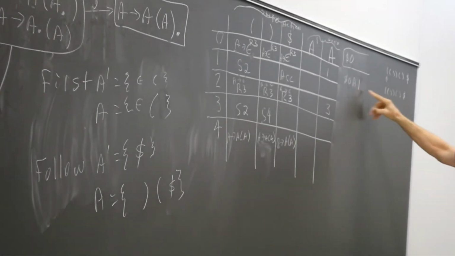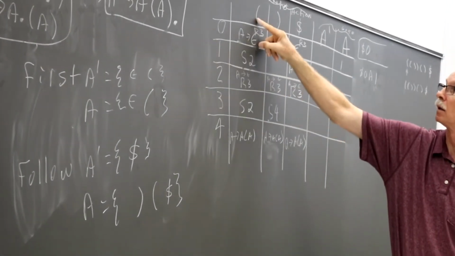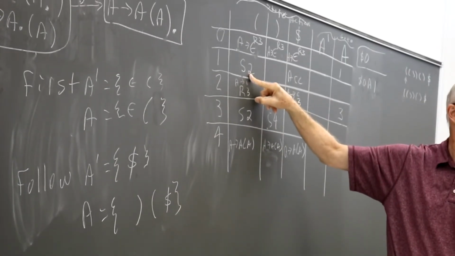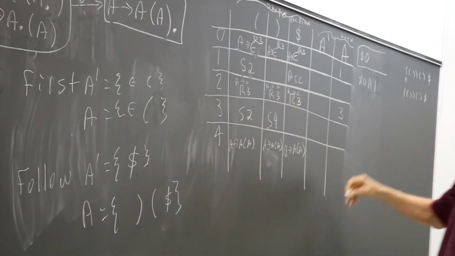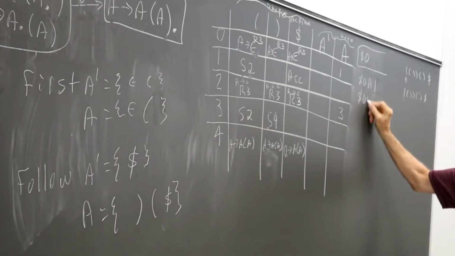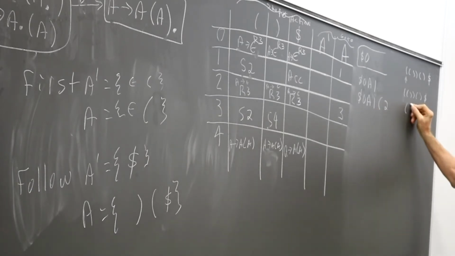Okay? Now I look at 1 left paren. 1 left paren says shift and go to state 2. So I get $0A1 shift state 2. The parsing that we're doing now is in essence the same as the parsing we did Tuesday with the LR(0).